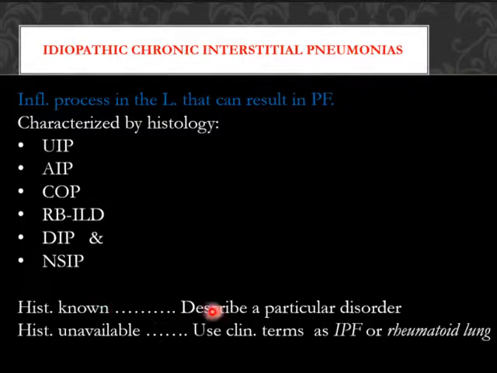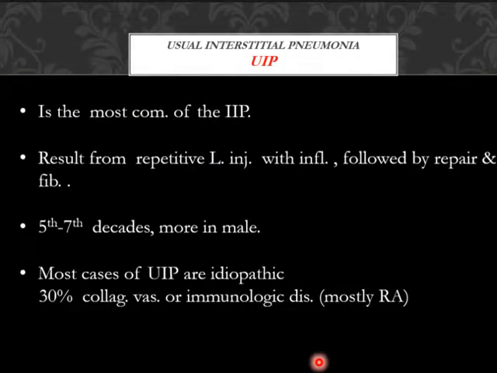If histology is known, we can describe the particular disorder, for example, COP, AIP. But if you don't know the histology, we can use the term idiopathic pulmonary fibrosis or rheumatoid lung. Better to use idiopathic pulmonary fibrosis.